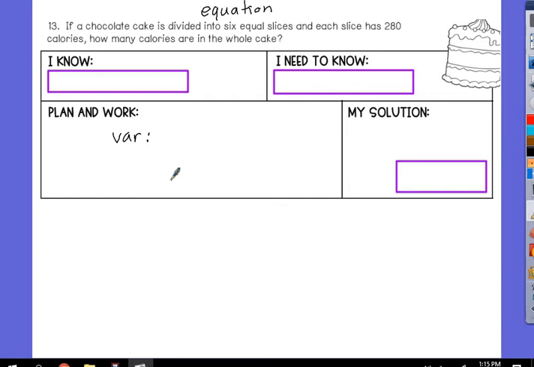Variables stand for an unknown. Questions are an unknown. So I need to rewrite the question somehow short. The question says how many calories are in the whole cake. So if I was to use a variable, what's a couple words I could rewrite that as?